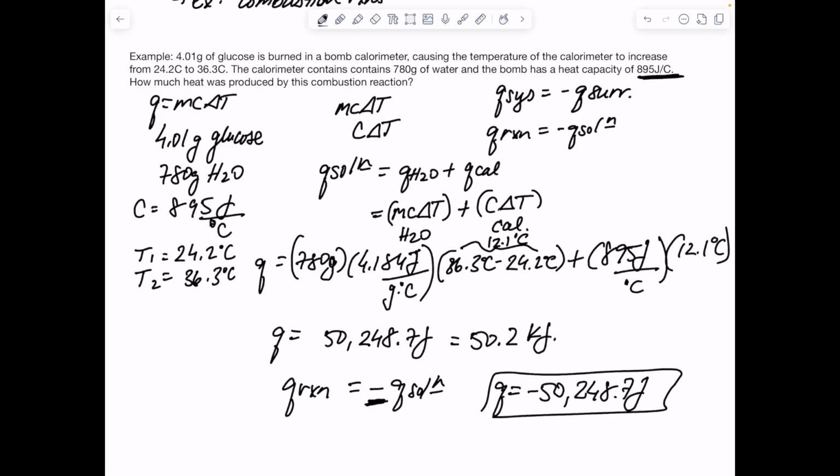That was horribly written. Depending on if it's asking for kilojoules or just joules, this is approximately the final answer. Again, if you keep that 4.184, or if you just make it 4.18, that will change this value by a little bit, but it should be around this number. And that's how we solve this bomb calorimeter question.